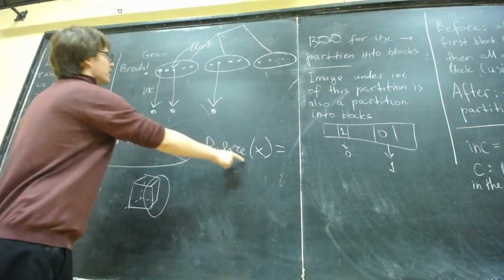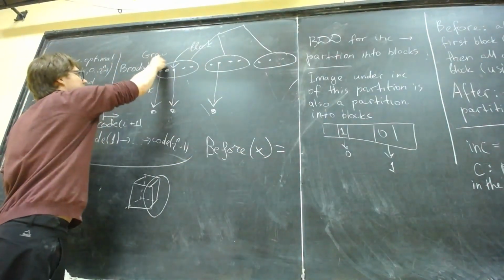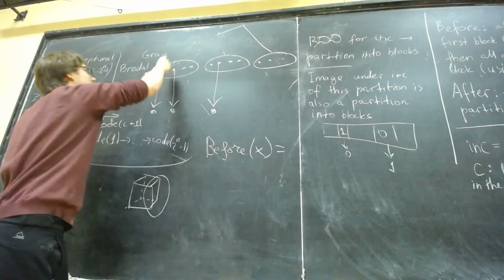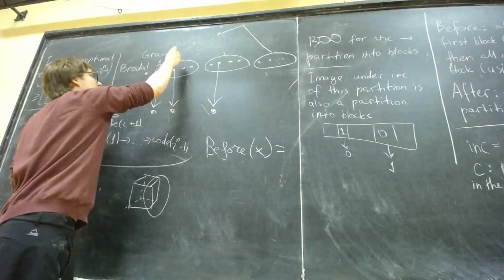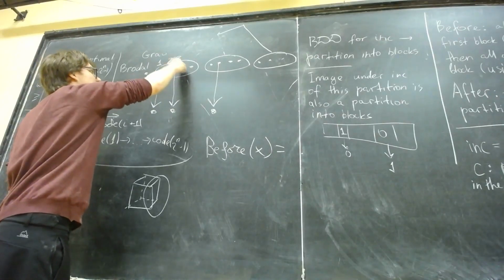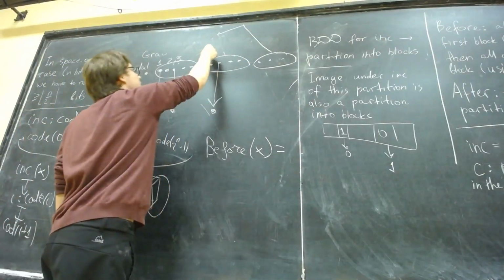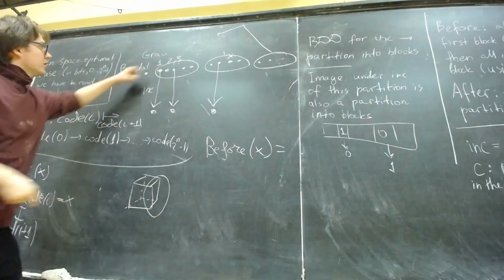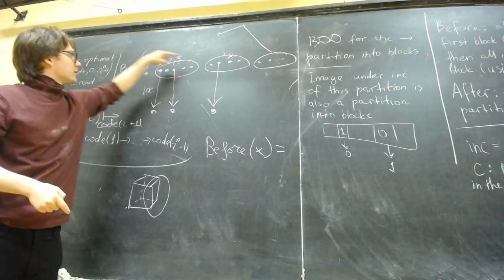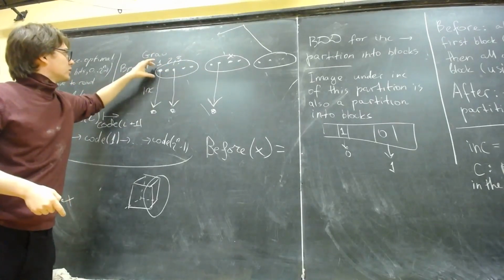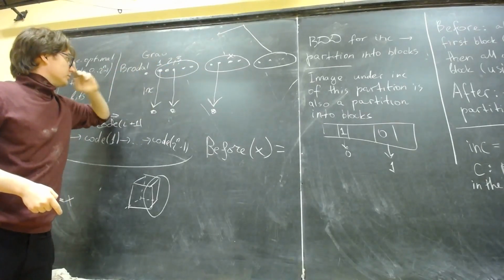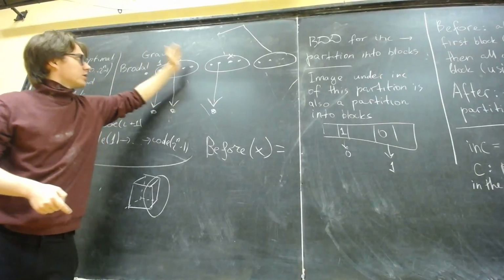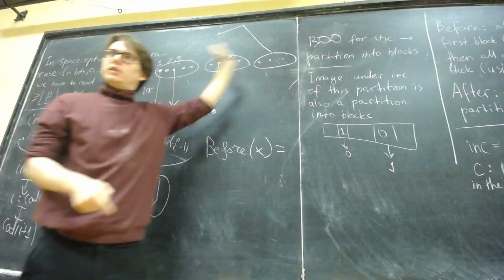So before of x: we have listed, somehow, on top, an enumeration of all strings, such that first we have the strings from the first block, then from the second block, and so on.